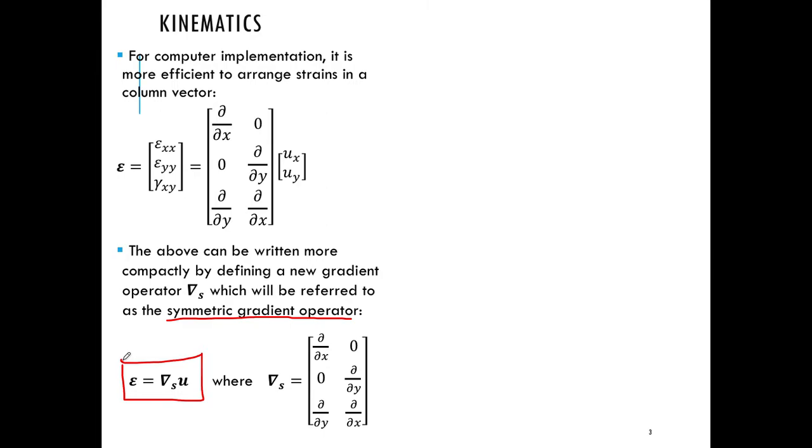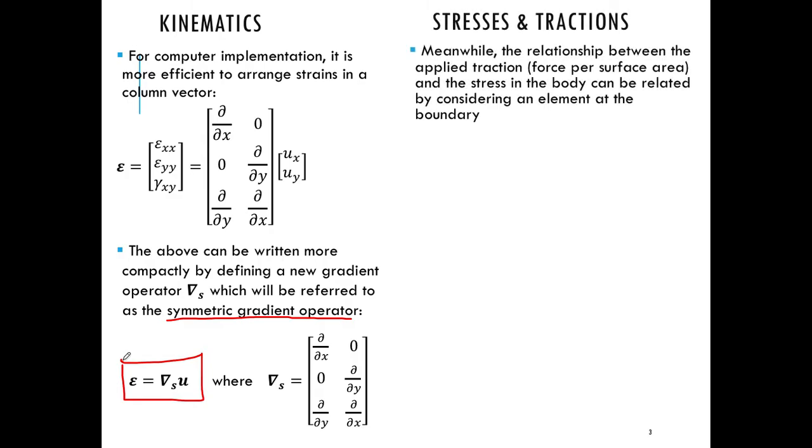Now we need to move on to looking at our stresses, and in particular I'm going to start off by looking first at applied tractions. Tractions are forces per unit area but applied on the boundary of our component, and what stresses those tractions lead to in a body.